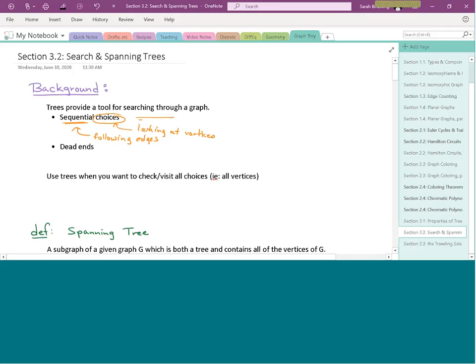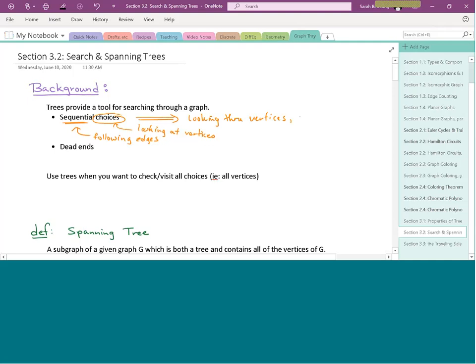So what we're doing here with this notion of sequential choices, this is totally us looking through the internal vertices. And you typically go out to a leaf. But it's mainly going through the internal vertices because, well, it depends on the graph. But often there's more of them.